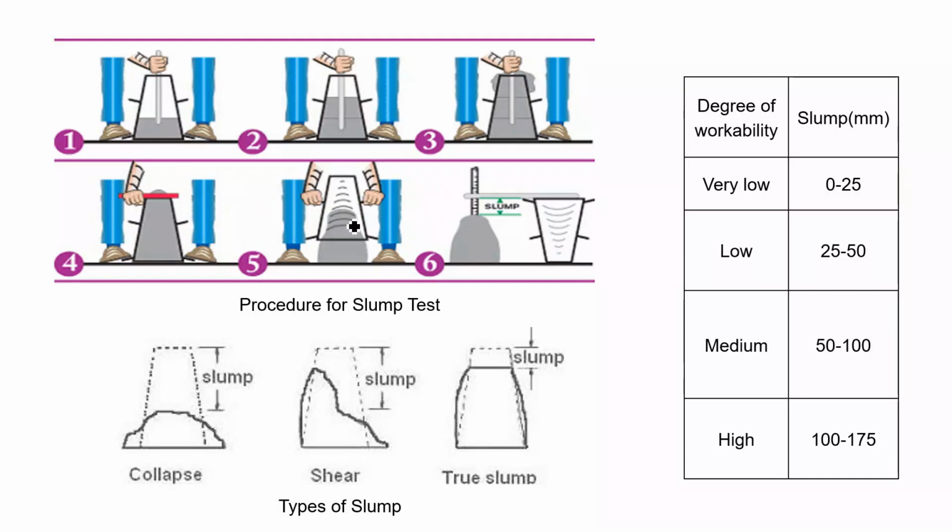When the slump cone is lifted, the shape of the freshly mixed concrete may change, and on the basis of this shape, there are generally 3 types of slump defined, and the slump value can be noted by measuring the slump. And degree of workability is defined for the slump value.